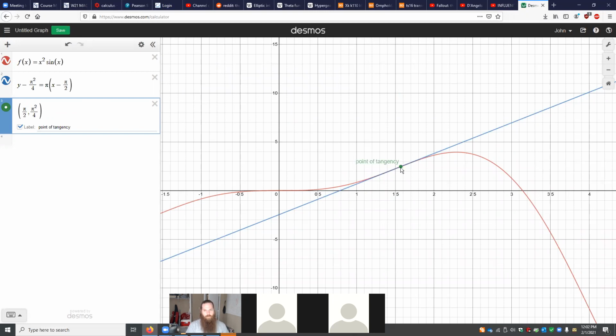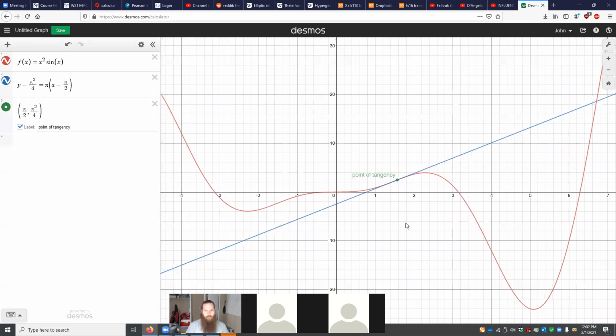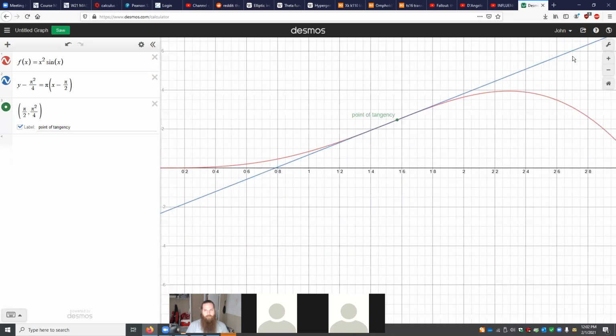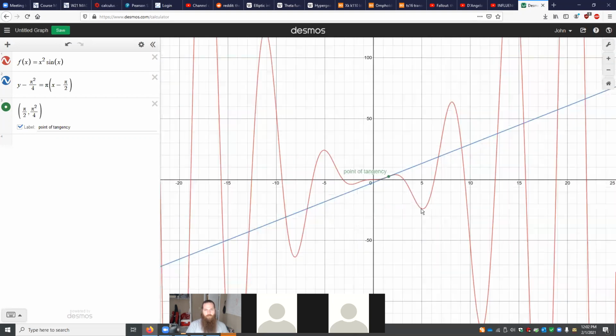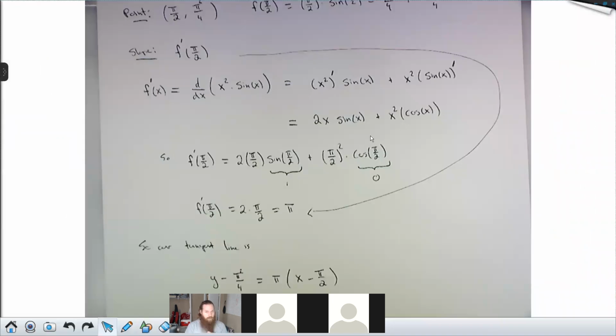So right here at this point, the blue line is indeed tangent to the red graph, right? You all see that? This red graph does all sorts of cool things. But if I want just the tangent line right there, that's what it looks like. And we could do this for any point on this graph, more generally, for any point on any graph that's made up of power functions and trig functions.